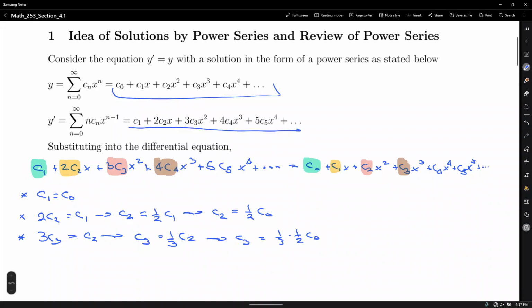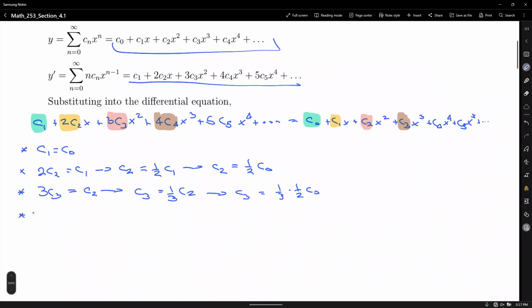That is one more here: 4c4 equals C3, which implies that C4 equals 1/4 C3, and writing C3 in terms of C0, C4 equals 1/4 times 1/3 times 1/2 C0. And this is good enough, guys, to see a pattern of numbers.